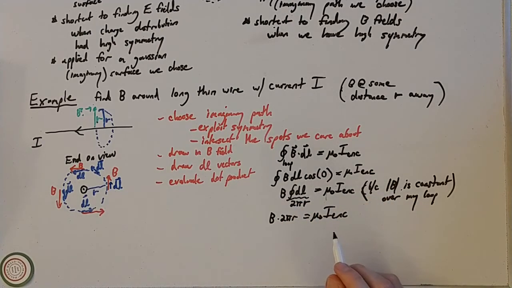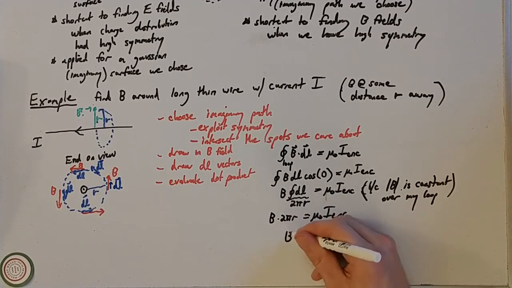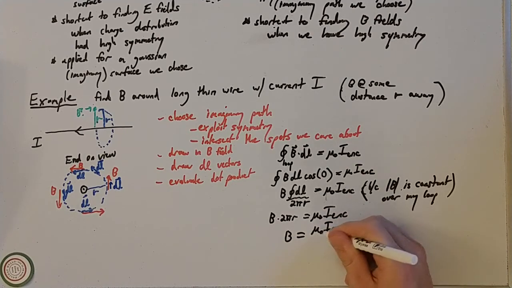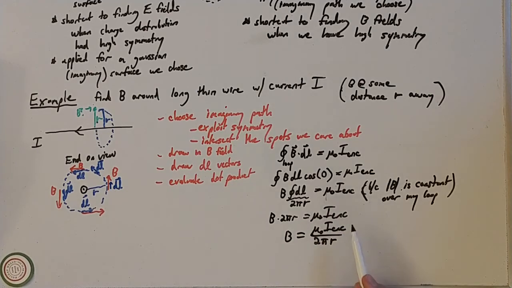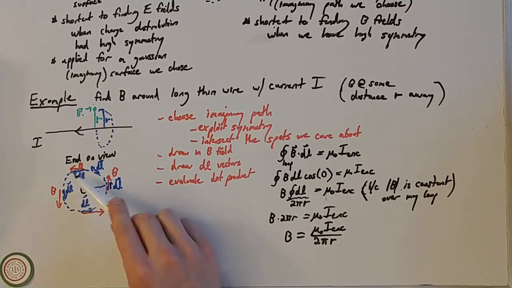If I want to solve for B, I just have to divide by 2 pi r. I get that B is mu naught times I enclosed divided by 2 pi r. Now I just have to check how much I is enclosed. In this case, I was told the wire has an amount of current I. That's the only current in this loop.